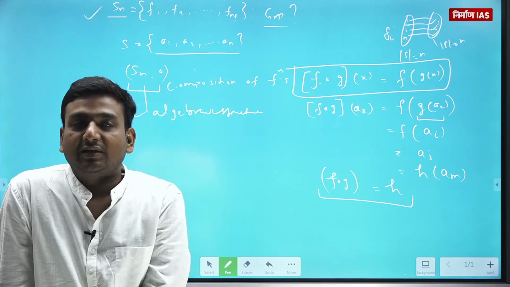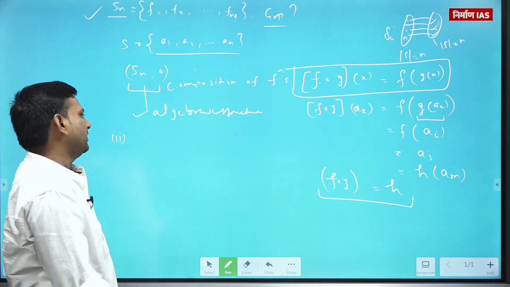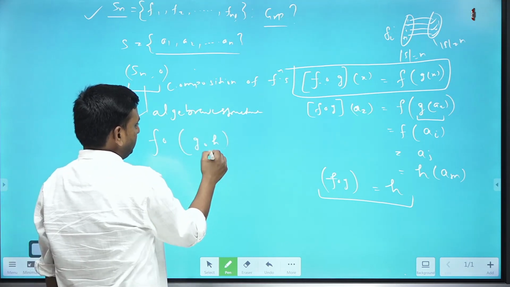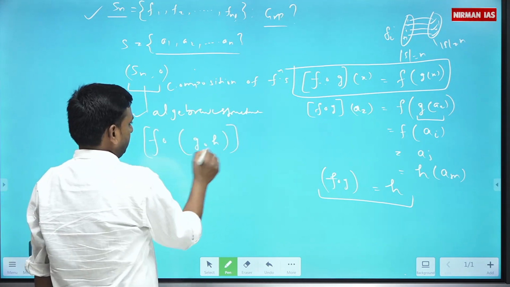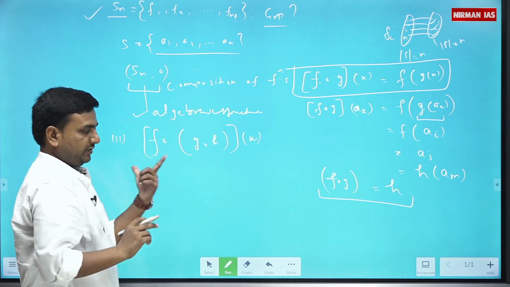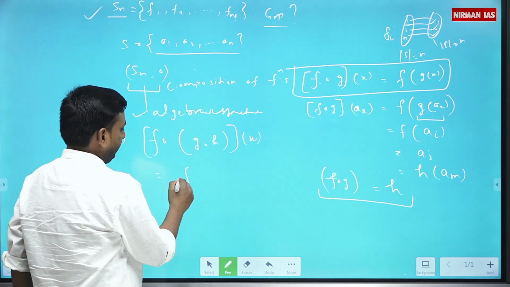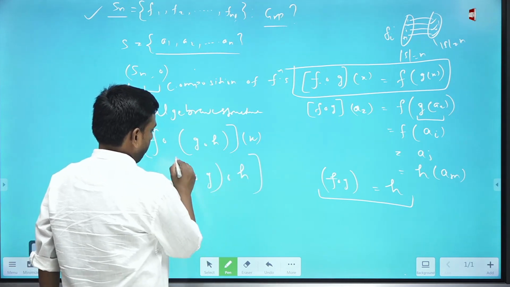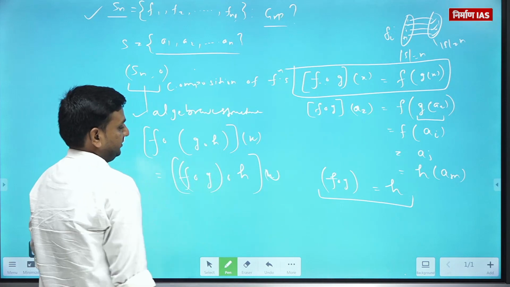Do you remember? If not, you can go like this: f o (g o h), try to find the image of this, we will have f o g of h of x.